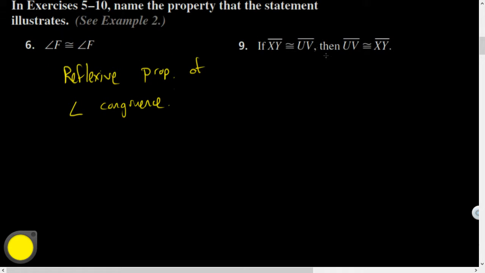Come on. All right, how about a 9, the not third 7, as it's frequently called. Yeah, that looks like symmetric property of segment congruence. Yeah, we learned all sorts of crazy names when you were gone, Ryan. All sorts of crazy names.